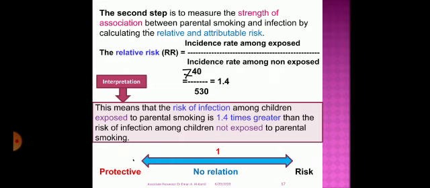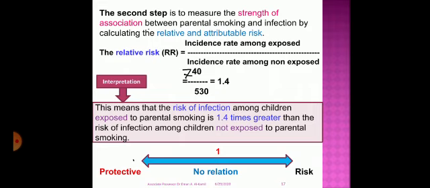That means that the risk of respiratory infection among children exposed to parental smoking is 1.4 times greater than the risk of infection among children not exposed to parental smoking.